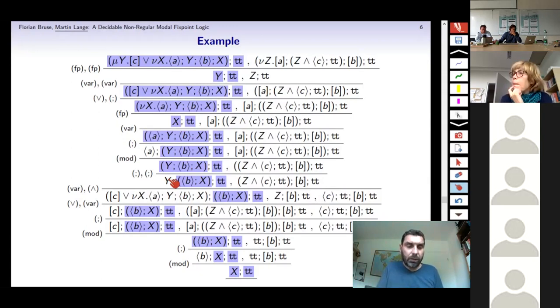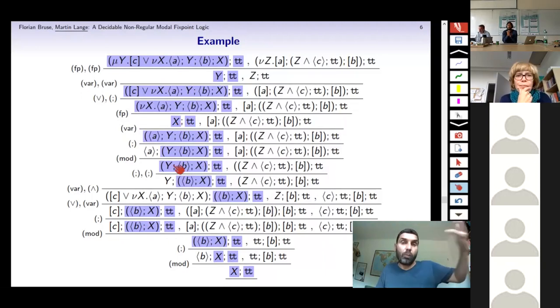But there's an essential difference, namely this y, which is why it's not colored in blue, disappears at some point. Here we have a stack of height 3, and then we go back to a stack of height 2 only, whereas the x just doesn't disappear. It gets unfolded each time we go through this, and the y doesn't get unfolded, it just gets put on top of the stack and disappears again.